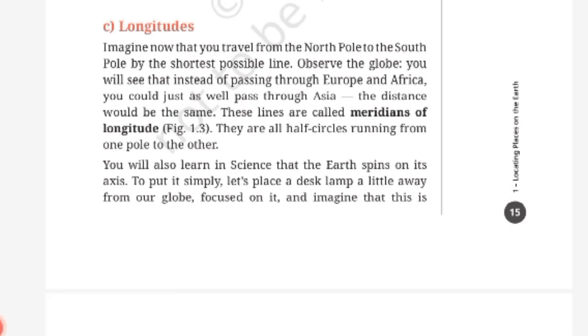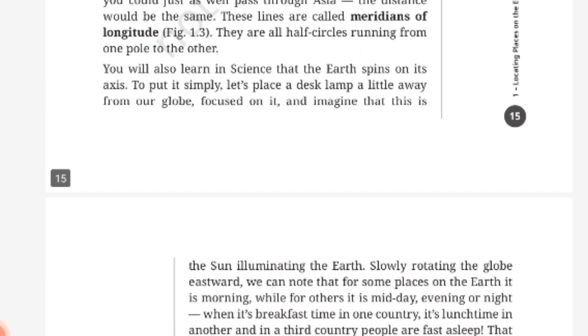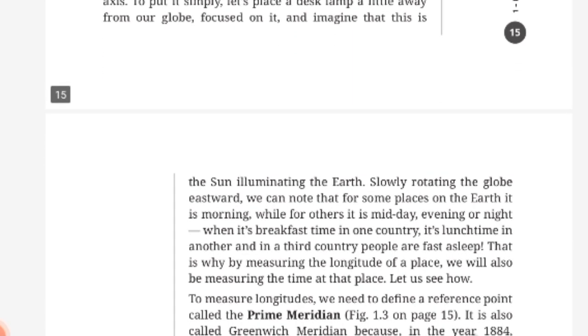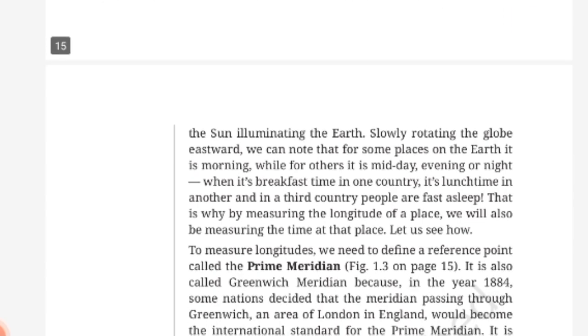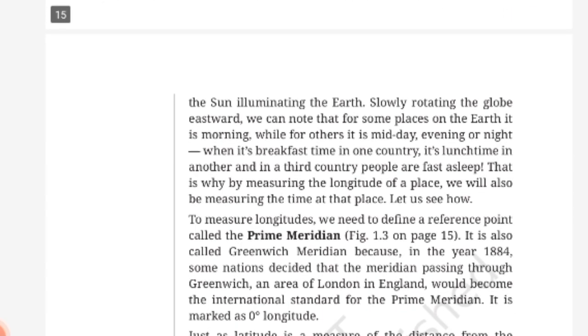You will also learn in science that the earth spins on its own axis. To put it simply, let's place a desk lamp a little way away from our globe. Focus on it and imagine that this is the sun illuminating the earth, slowly rotating the globe eastward.